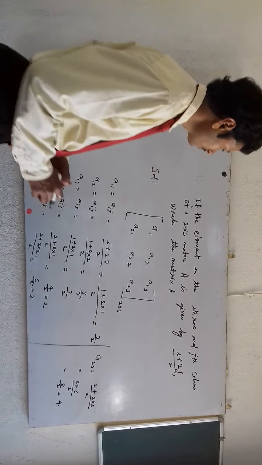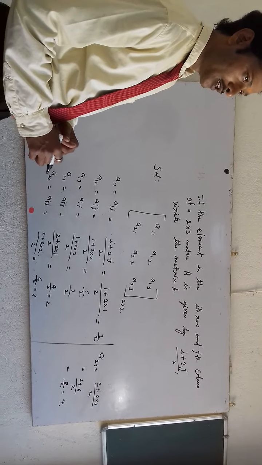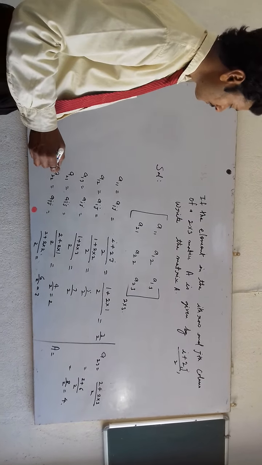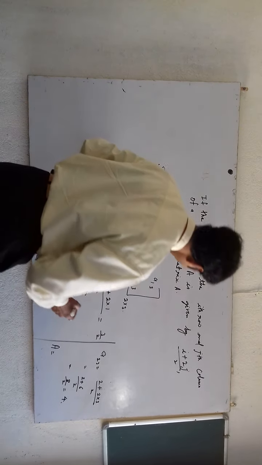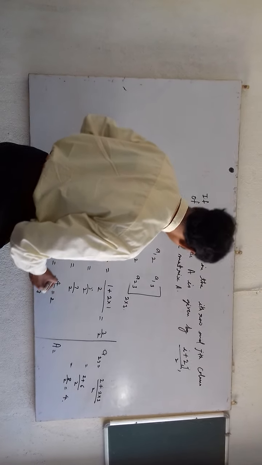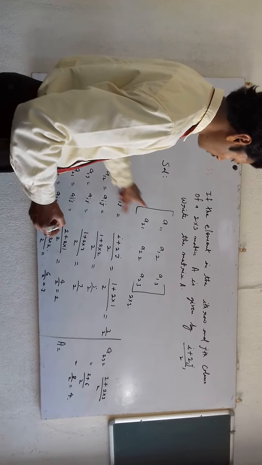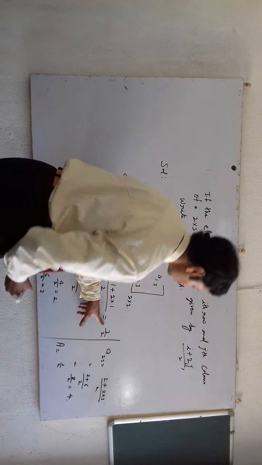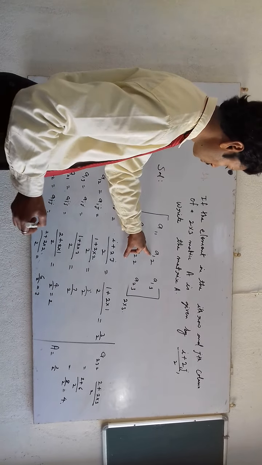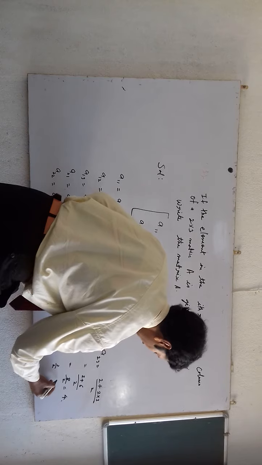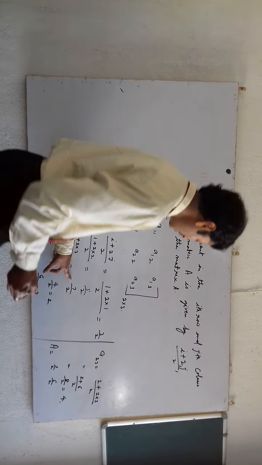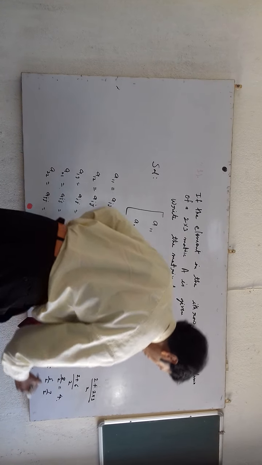On completing the question, we get a matrix named A, and putting all the values on solving the functions, we get the numbers: first a11 is 3 by 2, a12 we get 5 by 2, and a13 we get the number 7 upon 2.